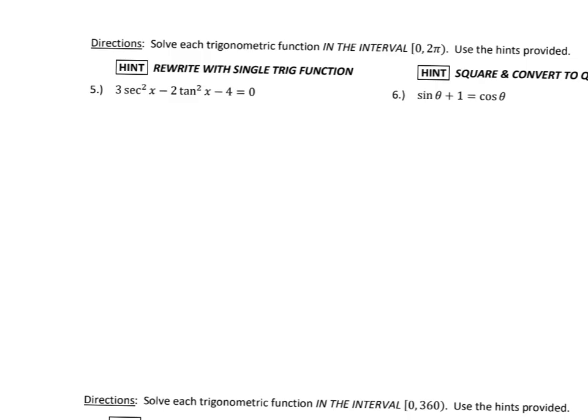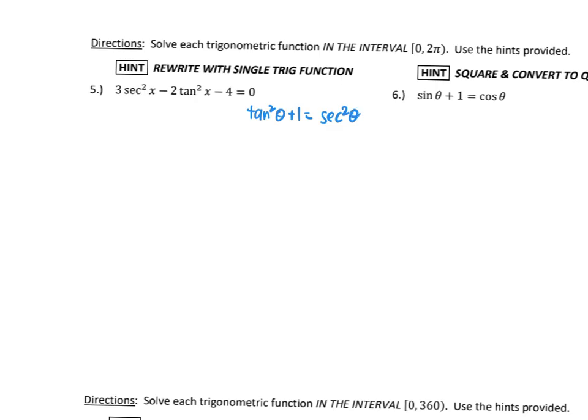So is there any Pythagorean identity that combines secant and tangent? Okay, so you can go back to your identities or write them out. The third one is that tangent squared theta plus 1 equals secant squared theta.